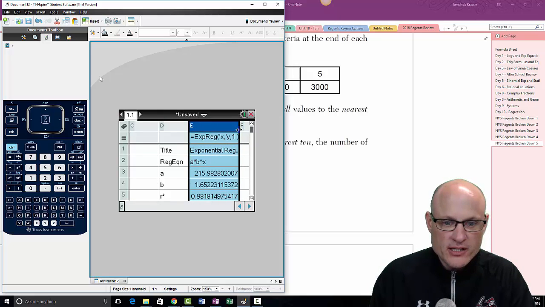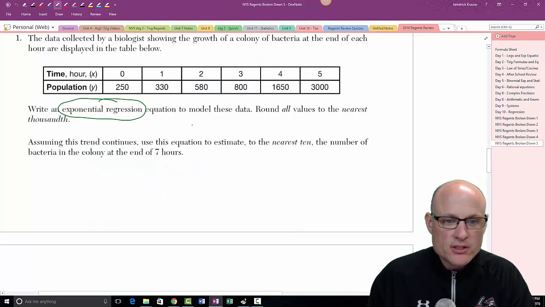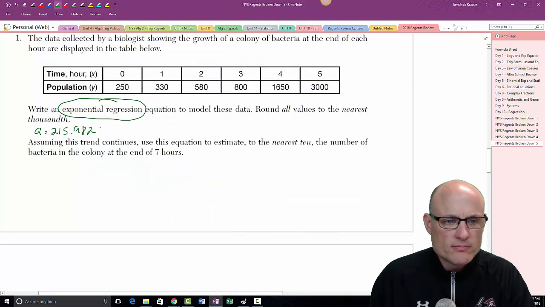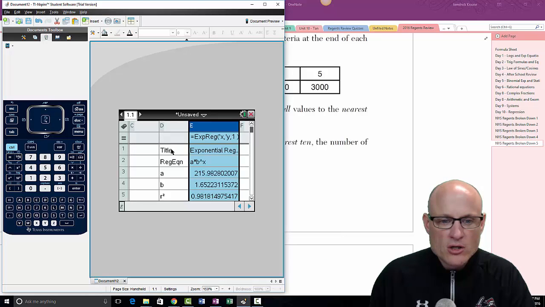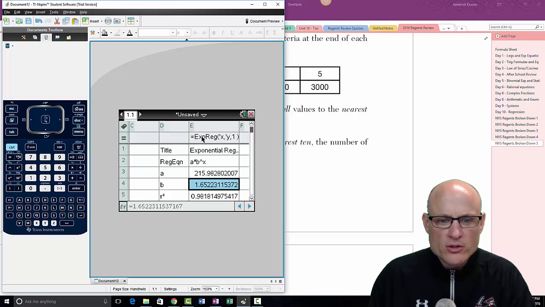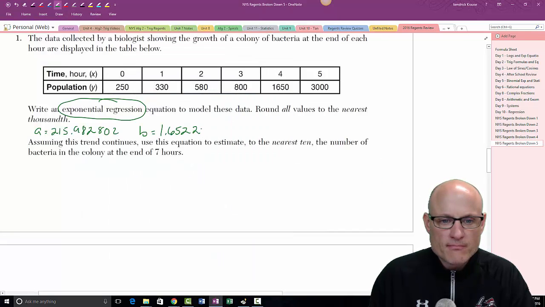So A equals, I didn't leave you any room, 215.982802. And B is equal to 1.652231.